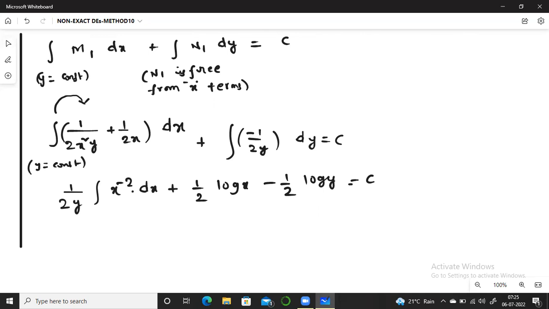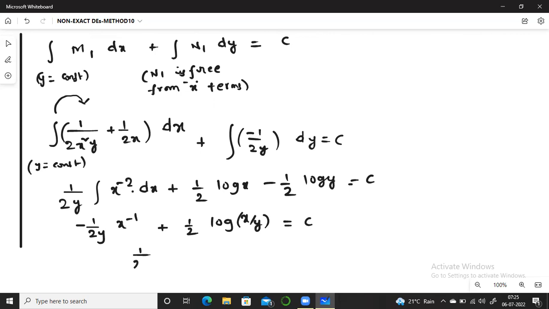So 1 over 2y, x to the power minus 1 by minus 1. So if I take 1 by 2 common, I get log x minus log y. Log a minus log b is log a by b, so I can write log x over y is equal to some constant.